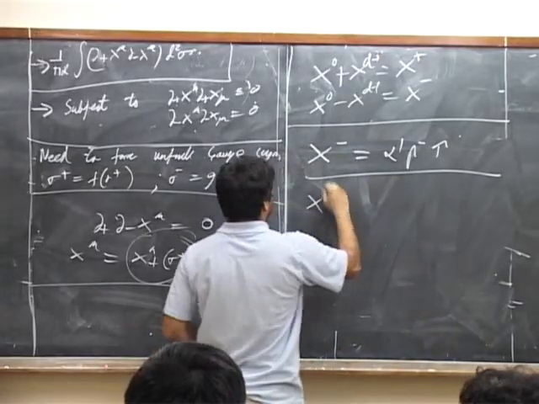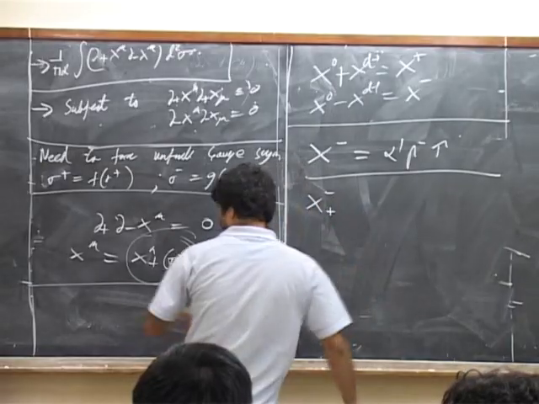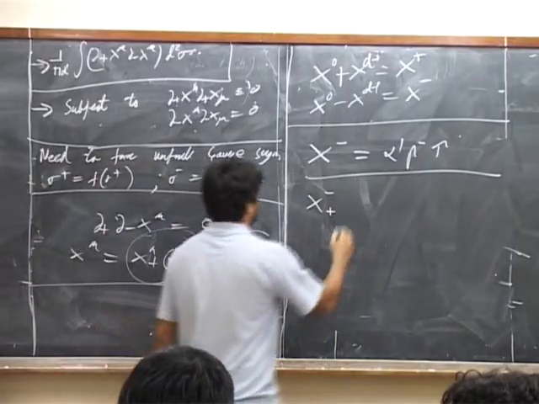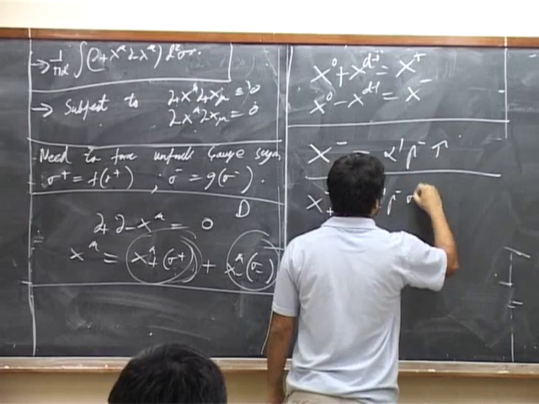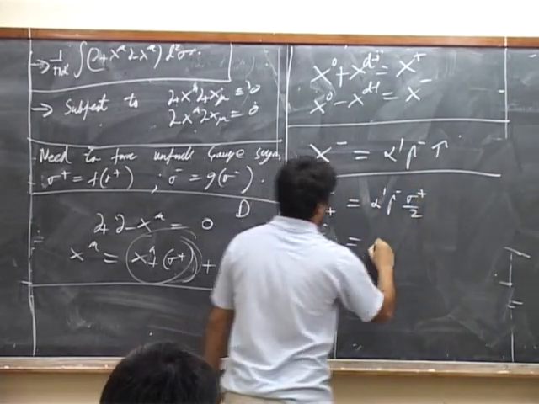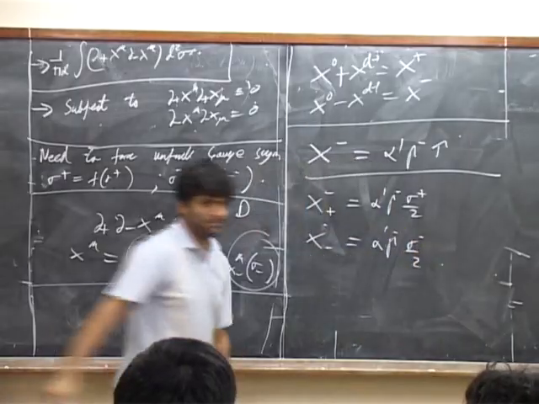But let me write this better as x minus plus the right moving part. X minus plus is equal to alpha prime p minus into sigma plus by 2. And x minus minus is equal to alpha prime p minus into sigma minus by 2.